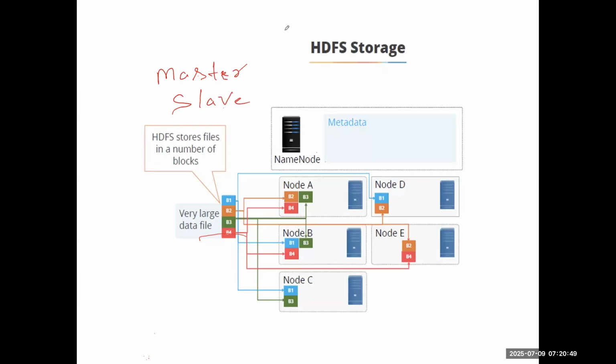Yes, we have worker nodes and one Spark Driver, which is working as the master. So here also we have master and slave. This name node is the master, and these are the worker nodes, which we call the slaves.